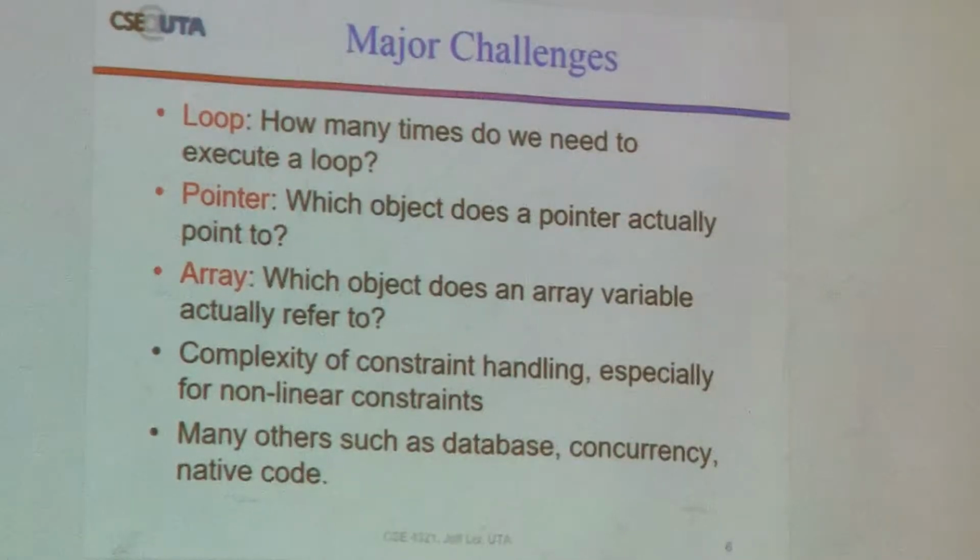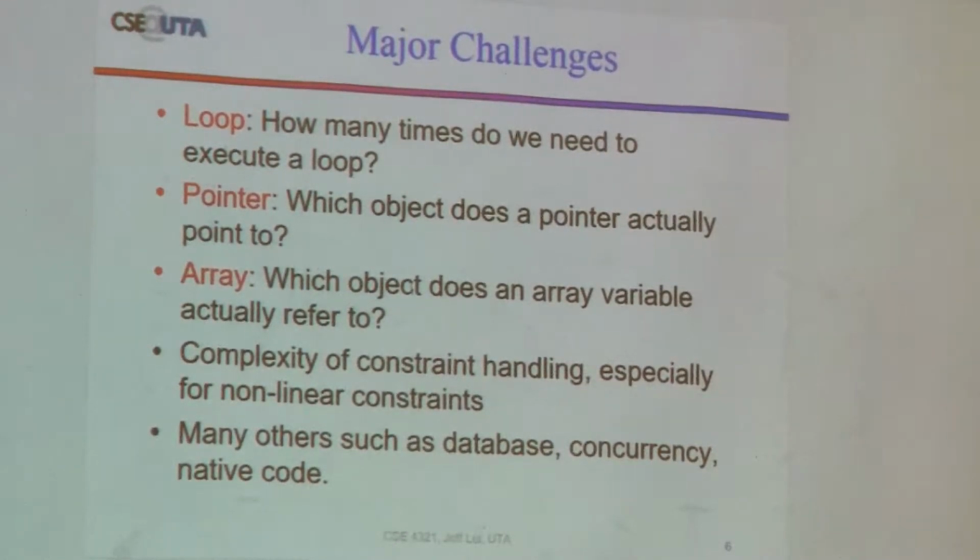Some challenges, okay. Loop. Whenever you have a loop in your program, you don't know how many times the loop is going to be executed. We have to know, because we want to figure out the relationship between internal variables and external variables. You have to understand what kind of computations you have to perform on those internal variables.